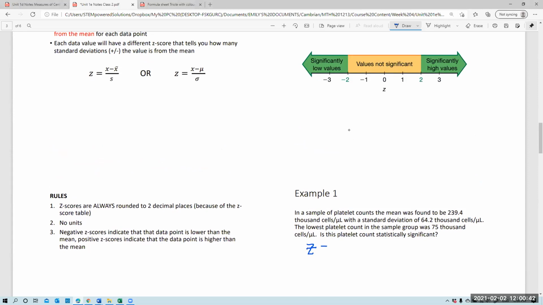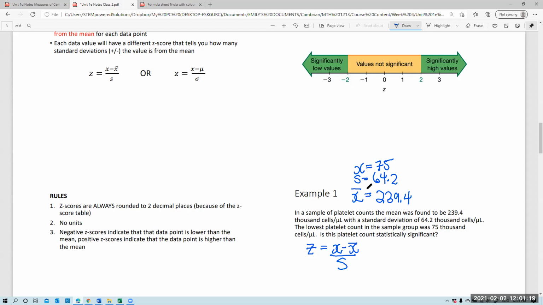So z is equal to x minus x bar over s. We know that the mean, or x bar, is equal to 239.4 thousand cells per microliter, the standard deviation is equal to 64.2 thousand cells per microliter, and the lowest platelet count of the sample group, or X, is equal to 75,000 cells per microliter.